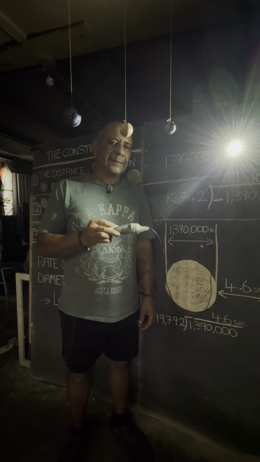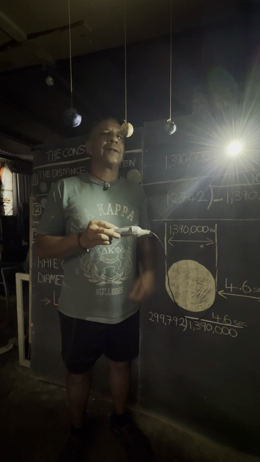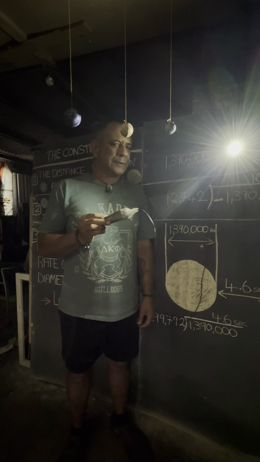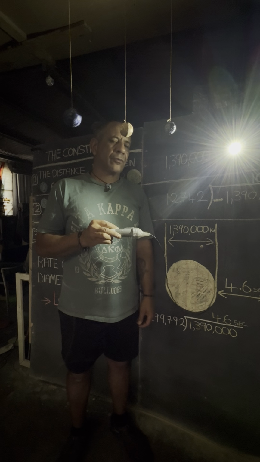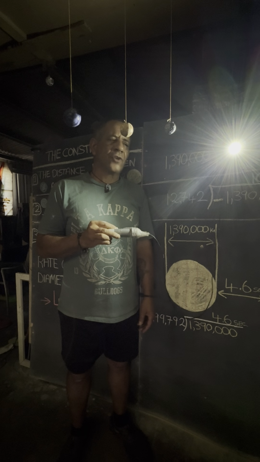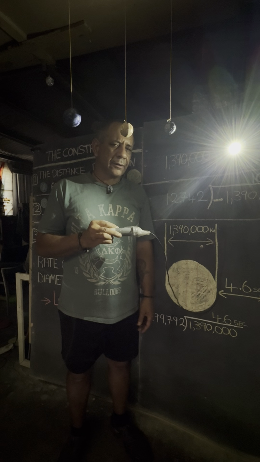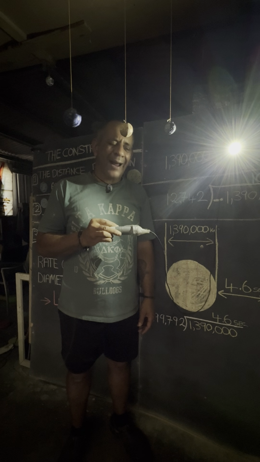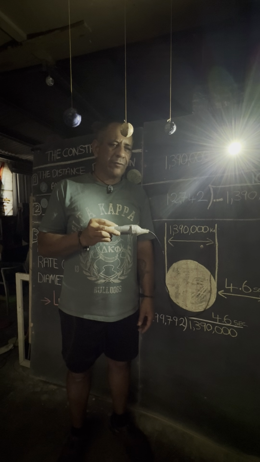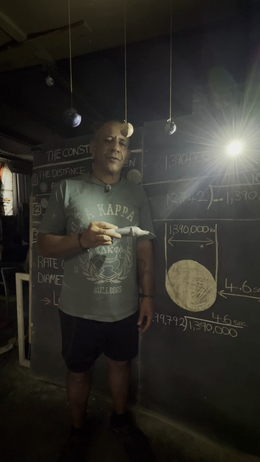So here is the paradox. If we cannot find a source, and this is common sense now, that takes 4.6 seconds to radiate its light the distance of its diameter, why are we believing that the sun, the size and power of it, would take 4.6 seconds to radiate light the distance of its diameter?